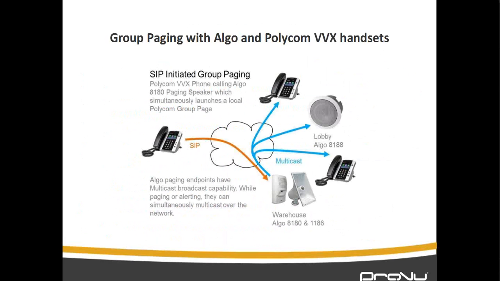All you have to do is make a page to an Algo that acts as the master, and the master will then transmit the same audio across the board to all other devices. It could be an alert, a simultaneous ringing, or a certain message played across the board. You can also make a call from a Polycom phone, for example, to the Algo, and the Algo then streams a certain music file which is hosted on its web interface.